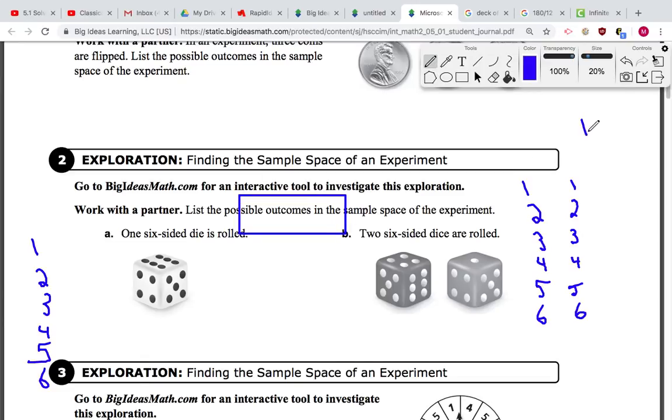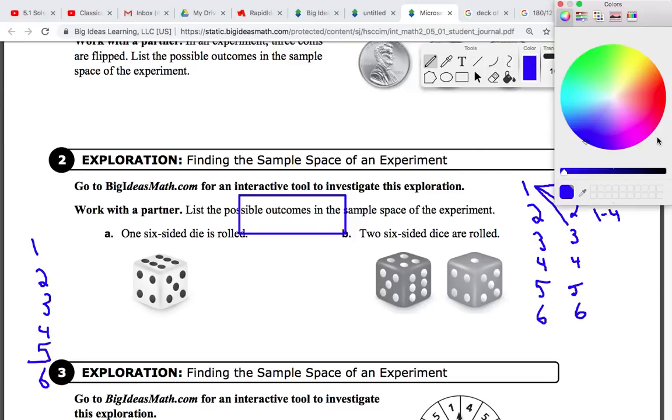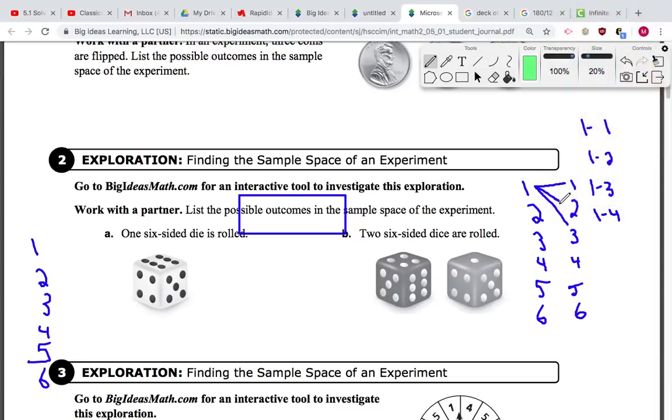So we could have a 1, then a 1. But you could also have what? A 1 and then a 2. And I hope you see where I'm going with this. A 1 and then a 3. What else? A 1, then a 4, right? And so on and so forth. And not only would you list this for the ones, but you could also switch colors and start with 2.